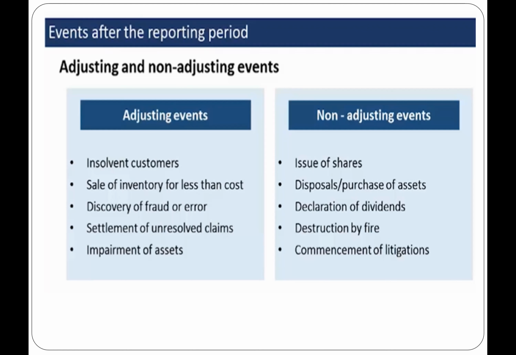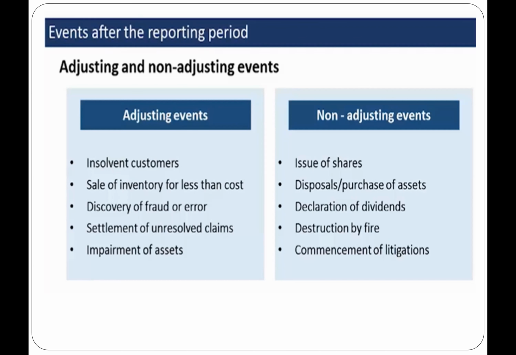But you would then believe that this may actually have happened over a certain period of time, or 6 months ago, they actually knew that they didn't have money anymore. They just didn't tell you about it. So if you realize that a customer is now insolvent on 5 January, you would then believe that perhaps they knew about it before the end of the year, or they were insolvent before the year even ended.